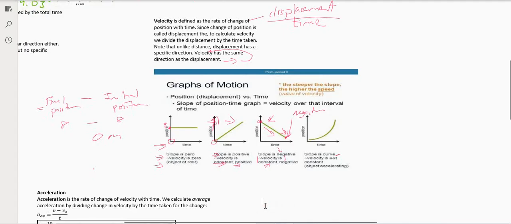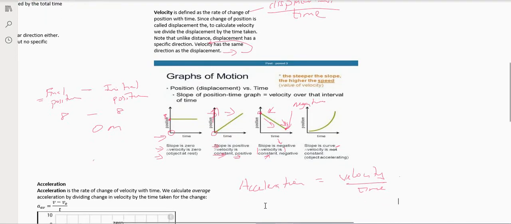So acceleration is the rate of change of velocity with time, right? And we can simply go ahead and write that, based on the definition, we can come up with a formula that would say velocity over time is equal to acceleration.